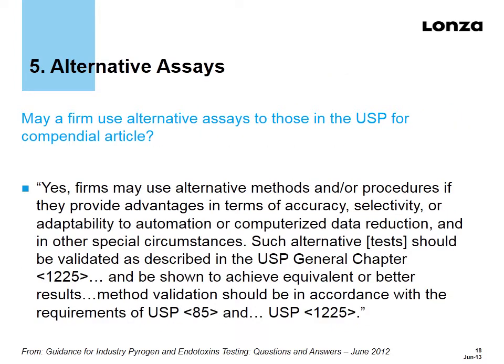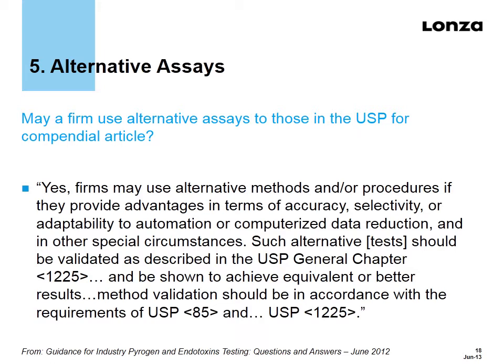The next question is about alternative assays. May a firm use alternative assays to those in the USP for a compendial article? And the answer to that from the guidance document is yes. Firms may use alternative methods and/or procedures if they provide advantages in terms of accuracy, selectivity, or adaptability to automation or computerized data reduction, and in other special circumstances.